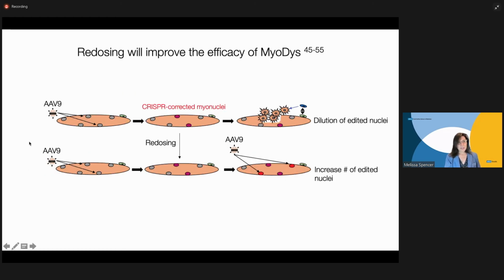And the goal ultimately is to be able to redose, because we know that if we can target some of these immune components, we'll be able to then redeliver and have efficient editing in a number of myonuclei, even if we never targeted muscle stem cells.